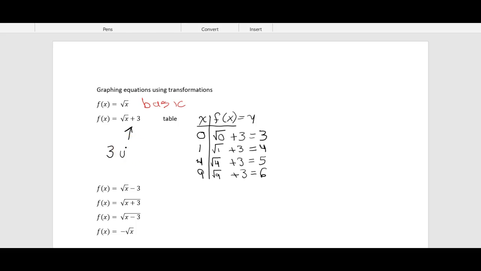So it will be 3 units shift in the upward direction. And for minus 3 outside the square root, it was 3 units shift downward.